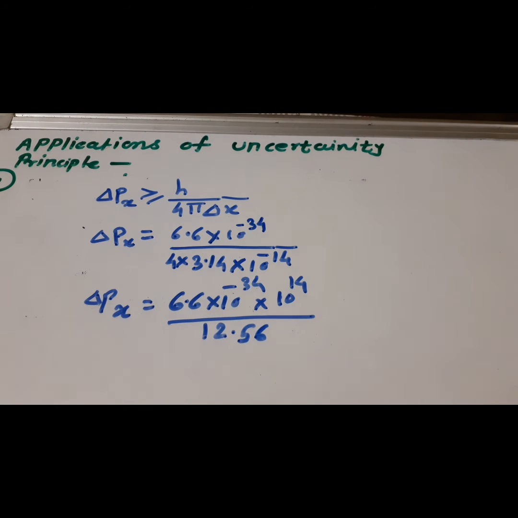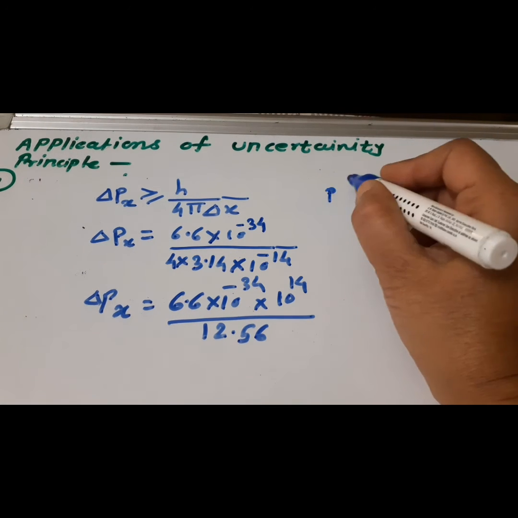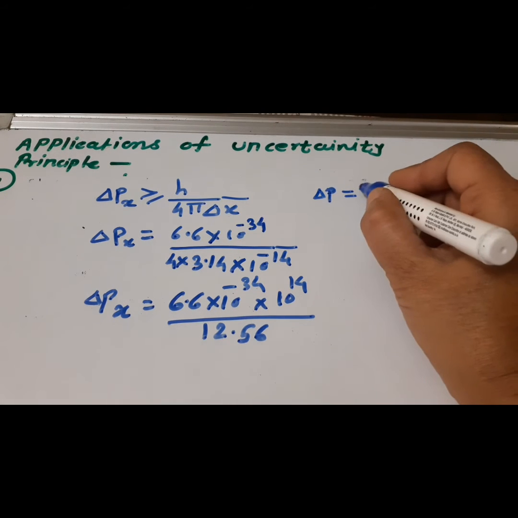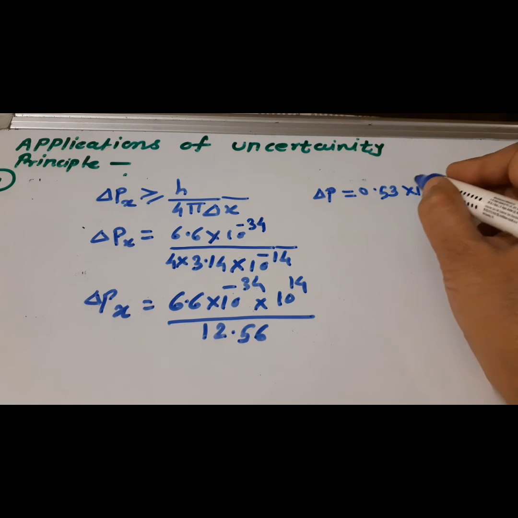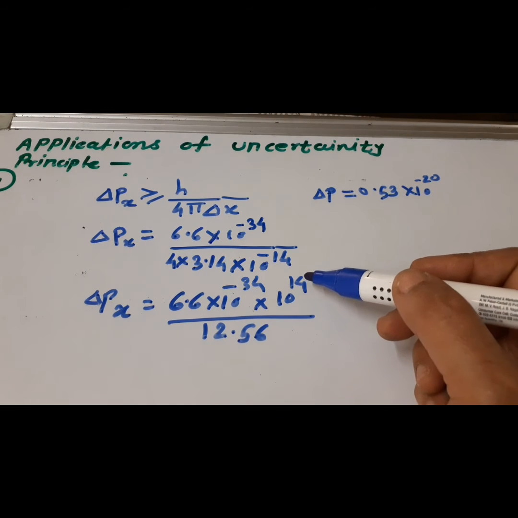Therefore, after calculation, we will get delta P is equal to 0.53 into 10 to the power minus 20, because here minus 34 and plus 14, remaining is minus 20.